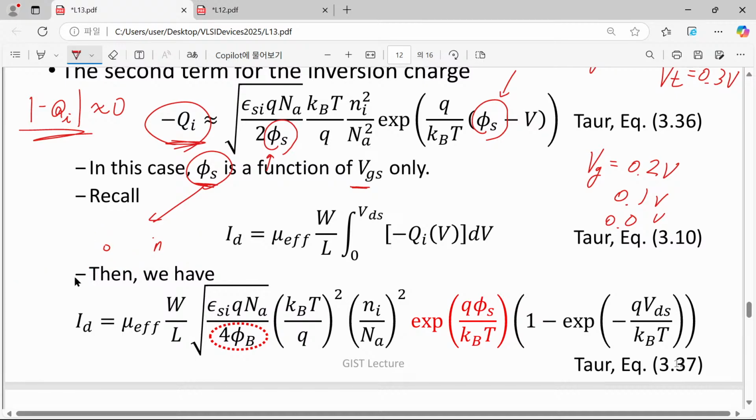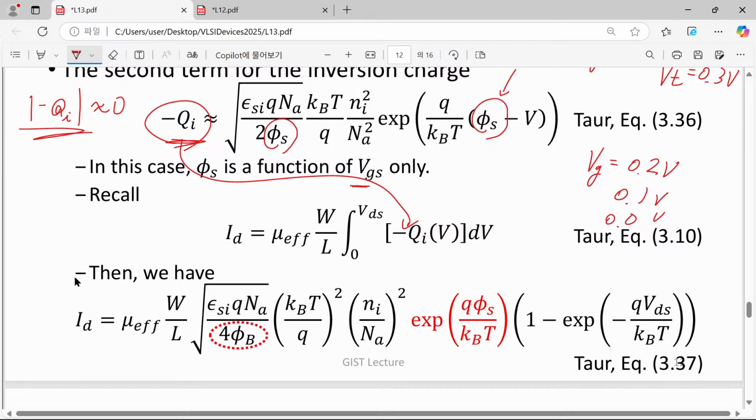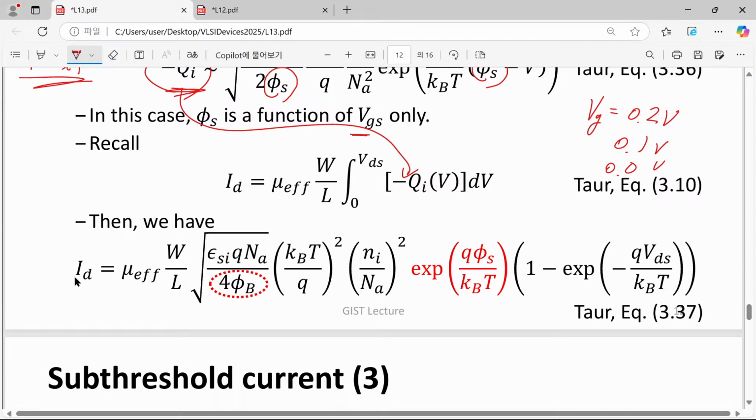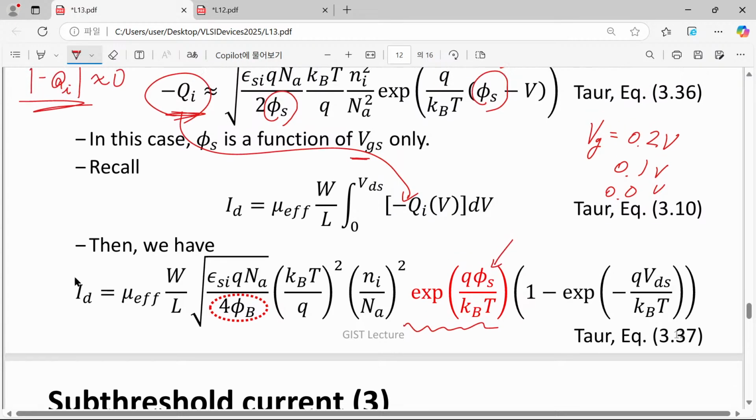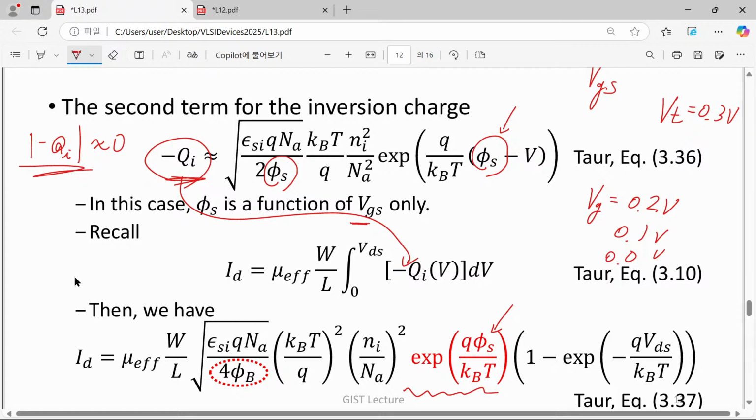And when it is given in this form, just inserting it here, you will find quite a long expression. But here we have just an exponential function of surface potential. Why do we have an exponential function? It originates from this exponential term.